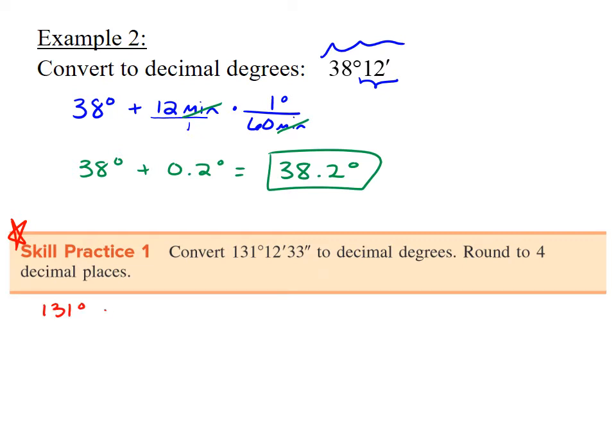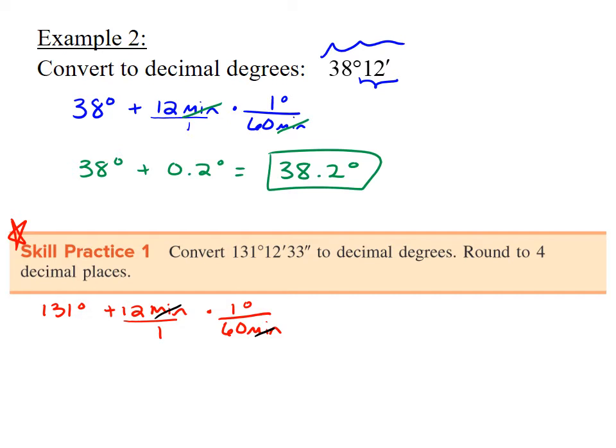We also know that we have 12 minutes. And just like the previous problem, I want to convert minutes to degrees. And I know that in 1 degree, there are 60 minutes. So this will allow me to cancel out the minutes.